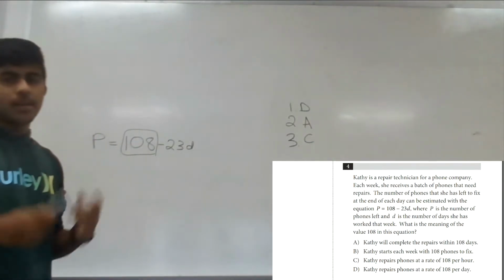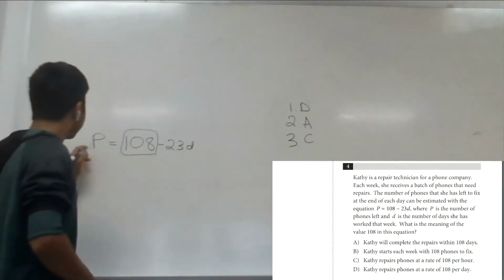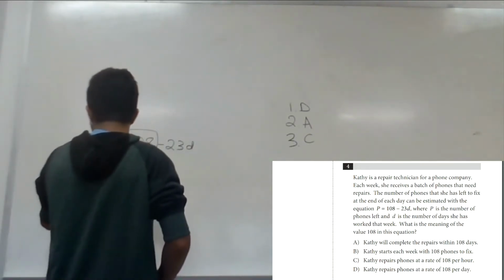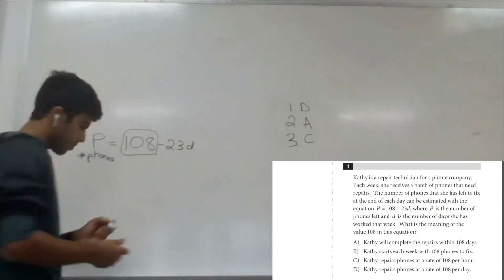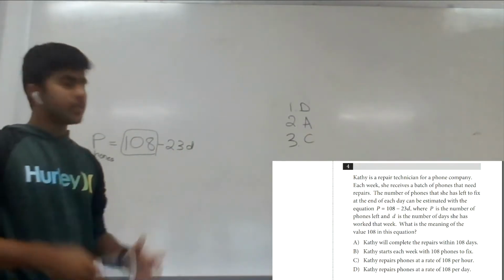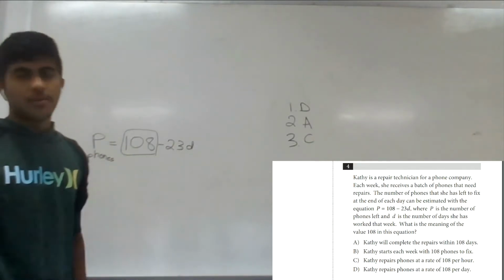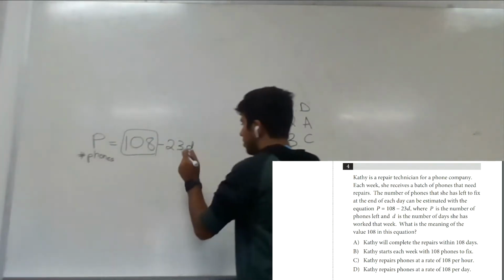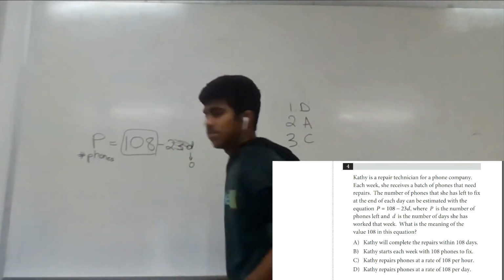So we know that P here is the number of phones. We can see pretty clearly that if we take D and make it 0, then this whole thing cancels out.